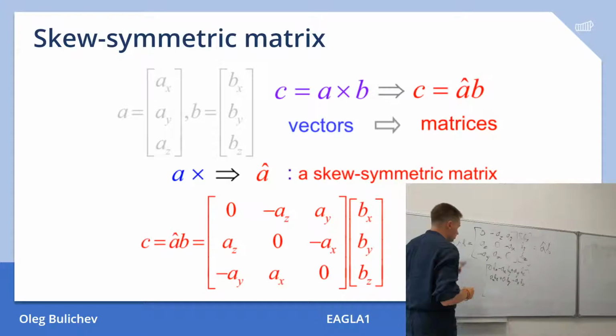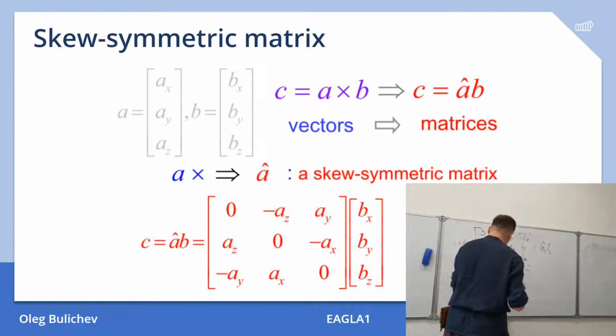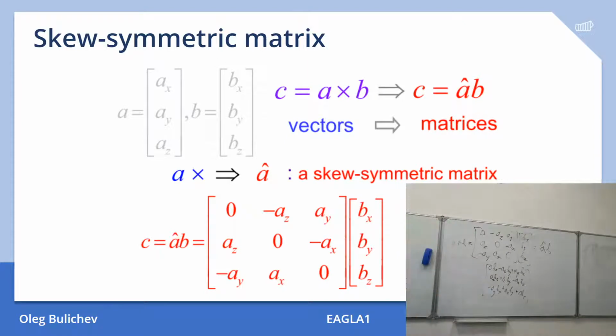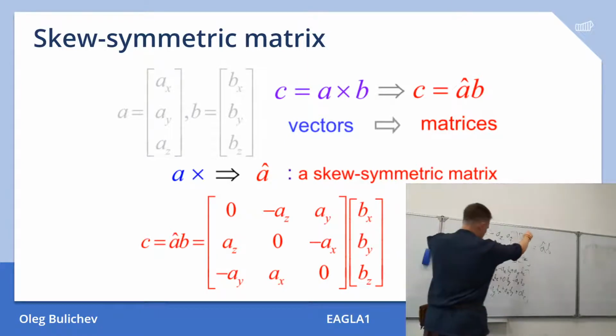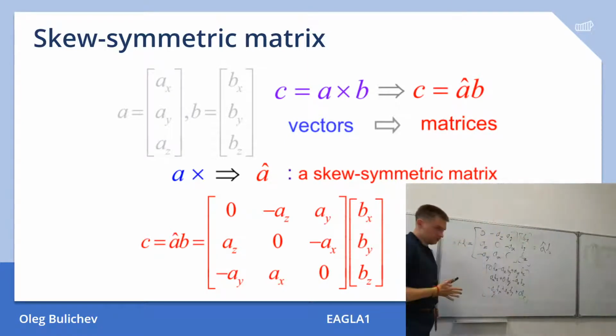And the last one: minus Ay on Bx plus Ax on By minus 0, or plus 0. So that's it. Using this technique, you can find the cross product. As for me, it's much faster than using the previous ones.